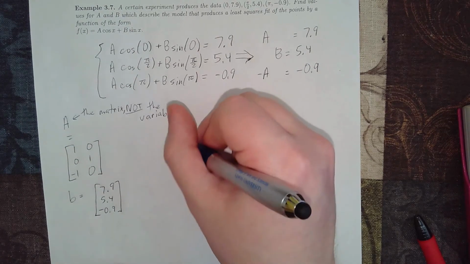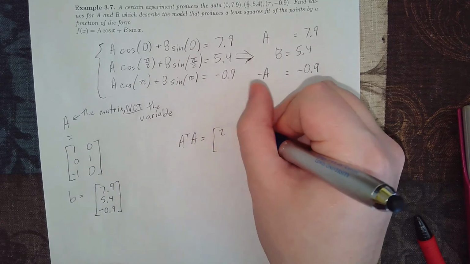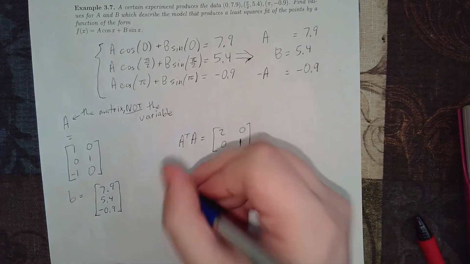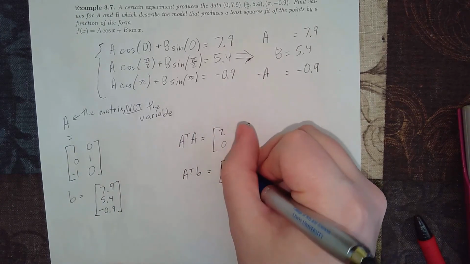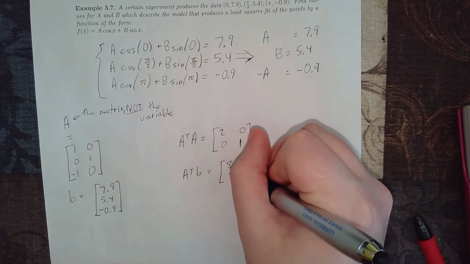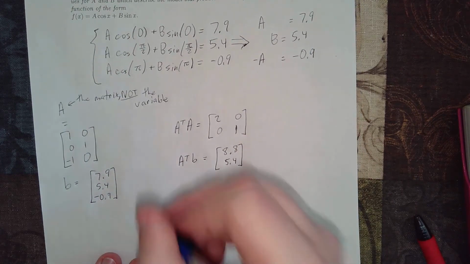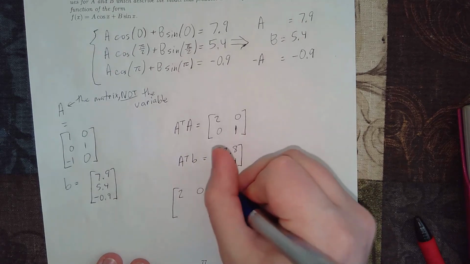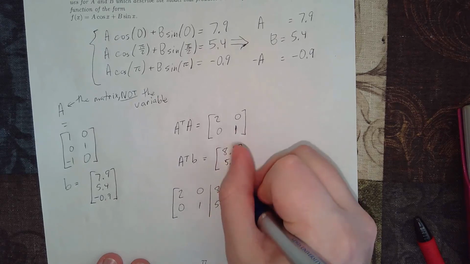And so A transpose A ends up giving us 2, 0, 0, 1. So again, we get a symmetric matrix when we do that. And A transpose b will get 8.8 and 5.4. And so if we wanted to create this system, we'll get 2, 0, 8.8, 0, 1, 5.4.